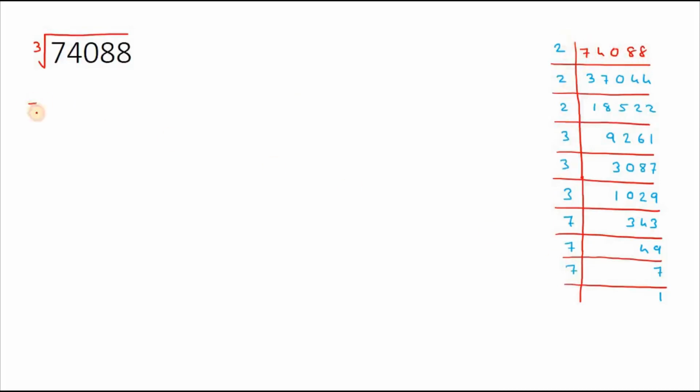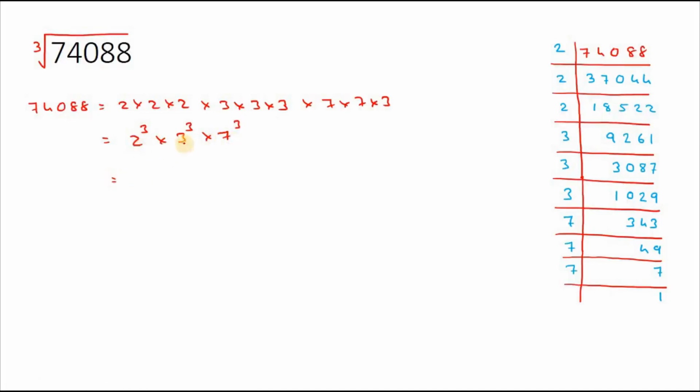So now I can write, I'll start the sum. 74088 can be written as, see, there 2 comes 3 times, then 3 comes 3 times, and 7 comes 3 times. So that is equal to 2 cube into 3 cube into 7 cube.